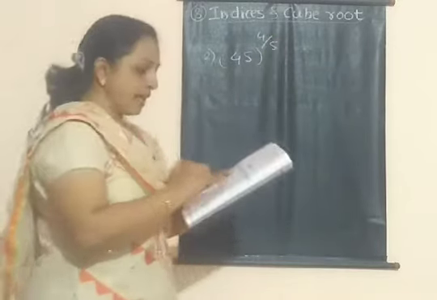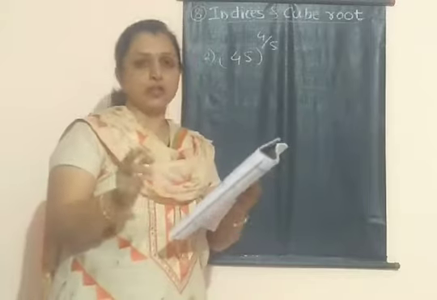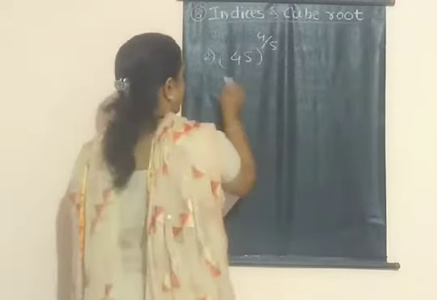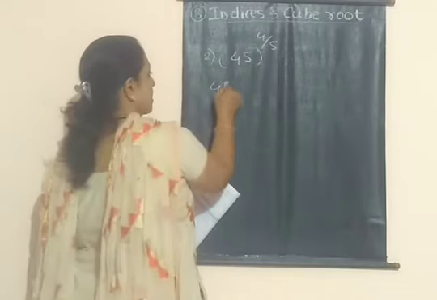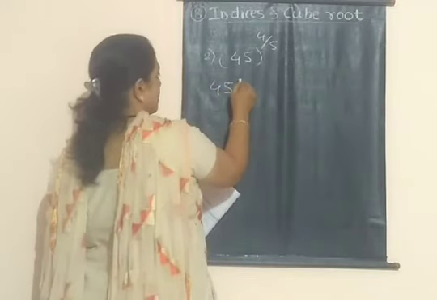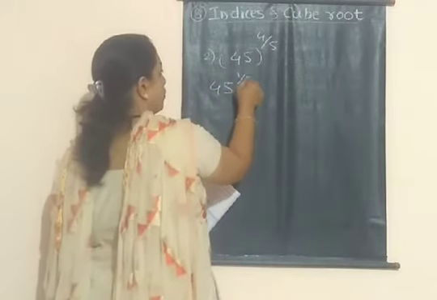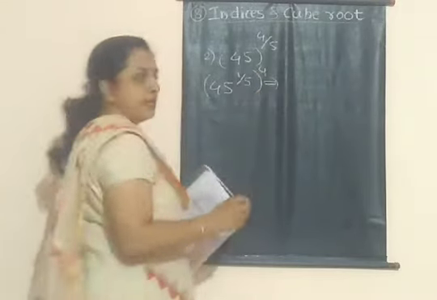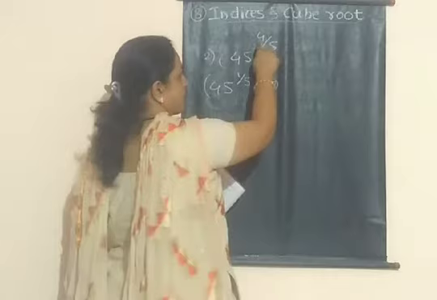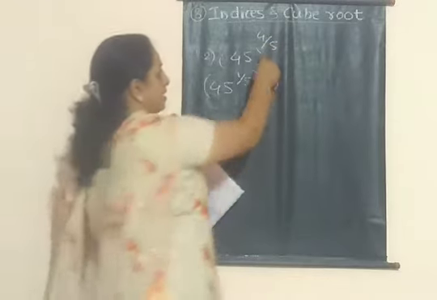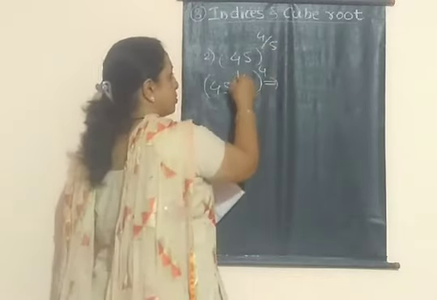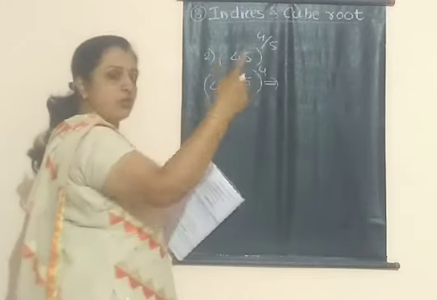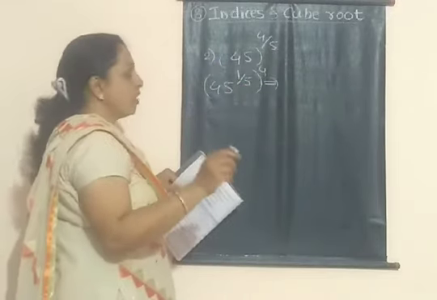Now you have to write this number in two different forms and write the meaning of those two forms. So first, this number can be written like this: 45 raised to 1/5, raised to 4, isn't it? Always remember the 4 is at the numerator and the 5 is at the denominator, so you write 1/5, and the 4 is the numerator, so it should be only 4, not 1/4.